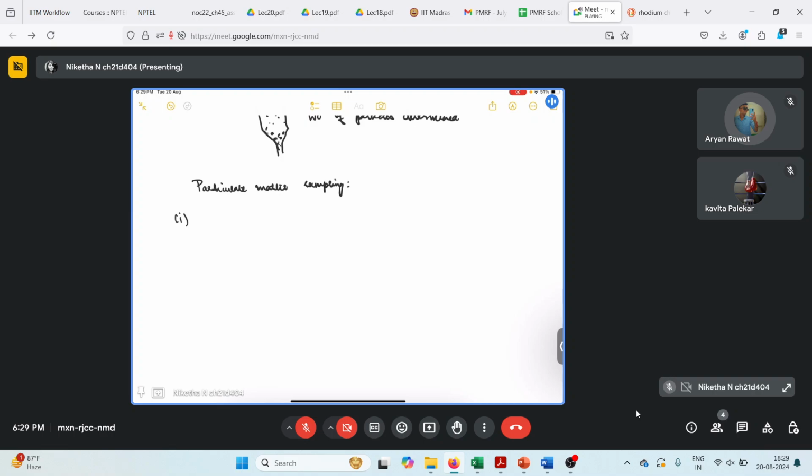Okay, so for sampling particulate matter, there are two types of samplers used. One is the high volume sampler. Can you tell me what is the capacity of a high volume sampler? How much volume of air can be sampled using a high volume sampler?